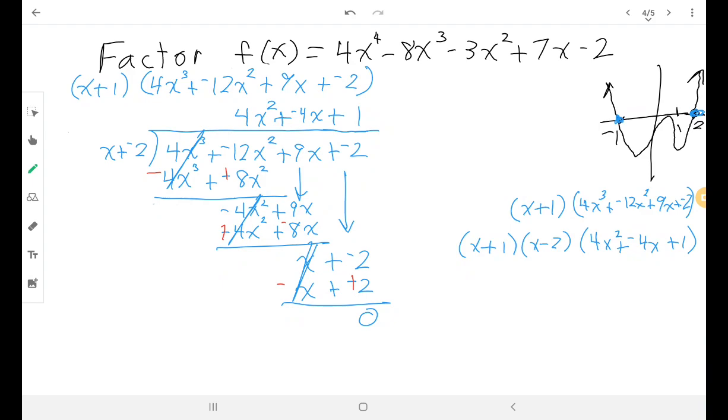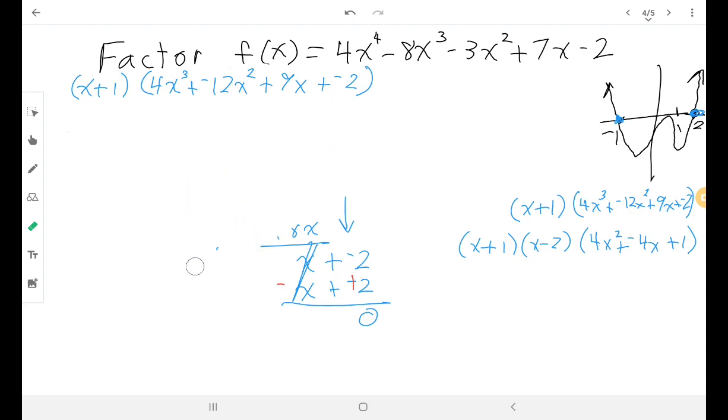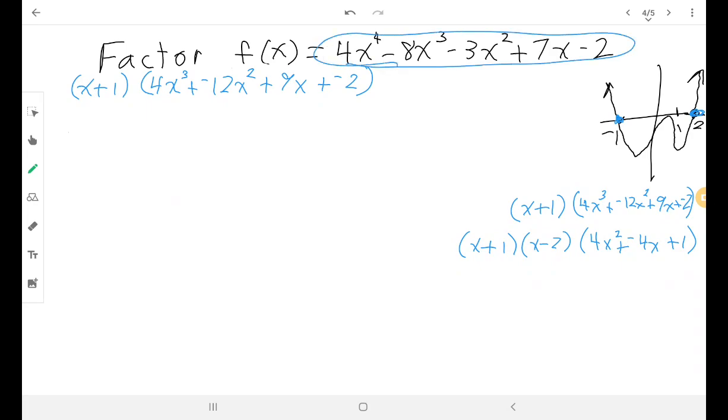Okay, there being no questions, I'm going to erase the long division, and we're going to talk about this last thing. So here we go. So now we have broken down that not only does this equal these two things multiplied together, but now it also equals these three things multiplied together.